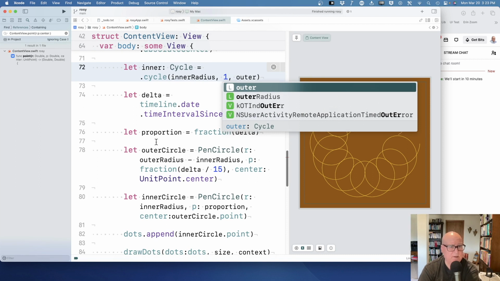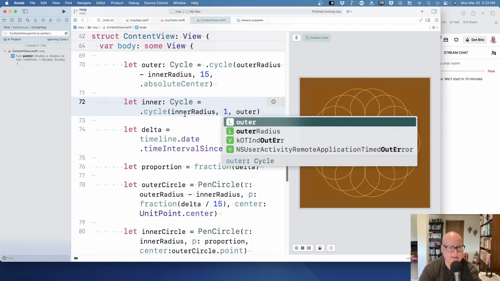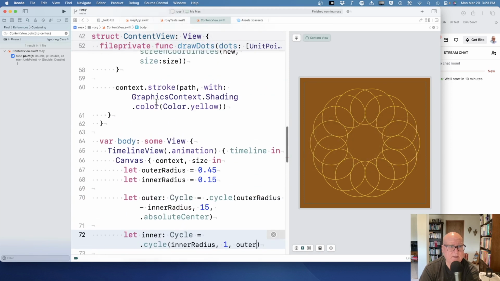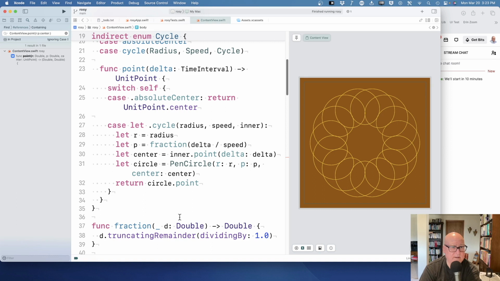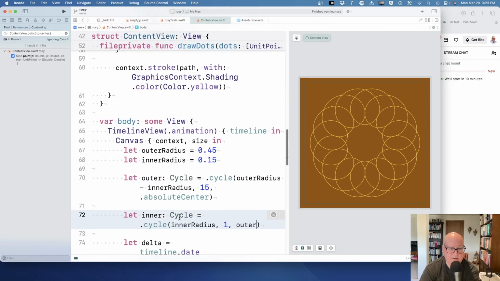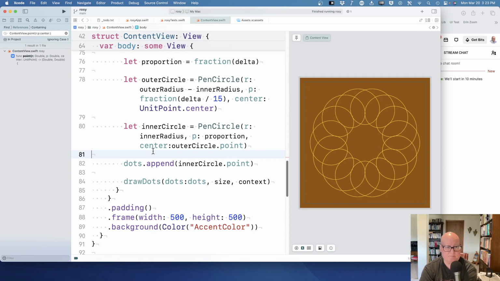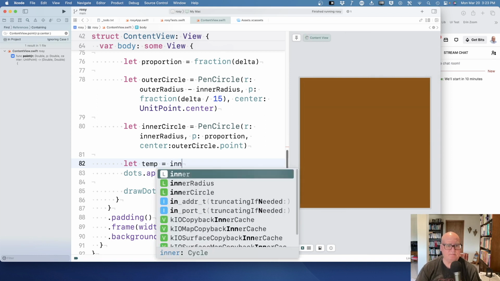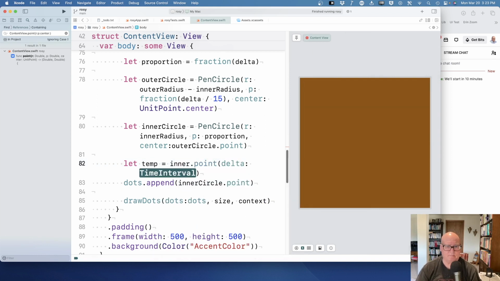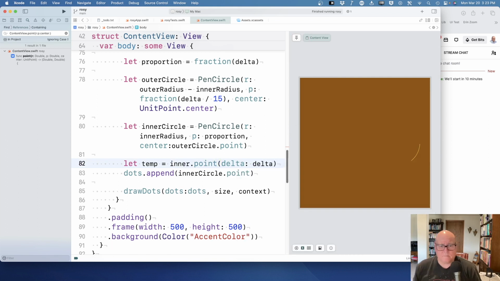So if I take inner and I ask it for its point at delta, inner dot point of delta. All right.